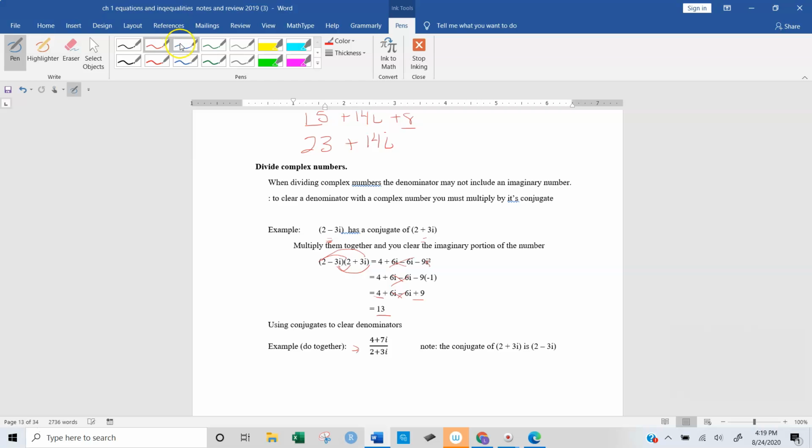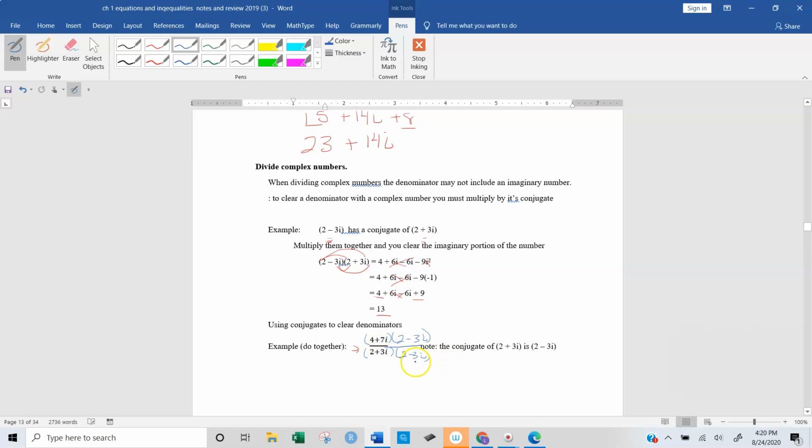All right, let's try this one together down here. So I got 2 plus 3i. The first thing I have to do is multiply this by its conjugate, which is 2 minus 3i. But whatever I do to the denominator, I have to do to the numerator. And the numerator is not going to be as pretty as the denominator, but that's all right.